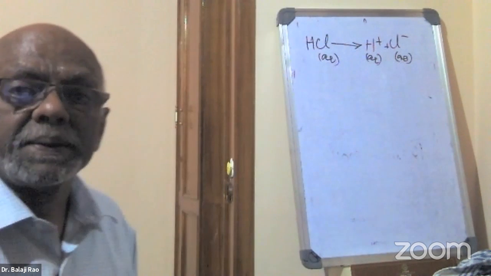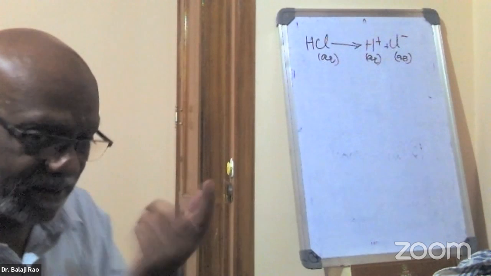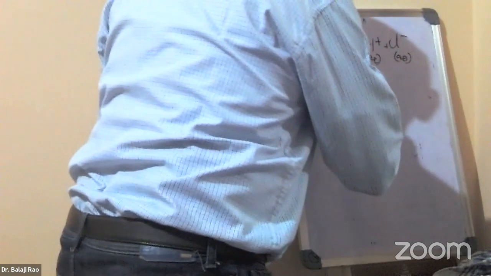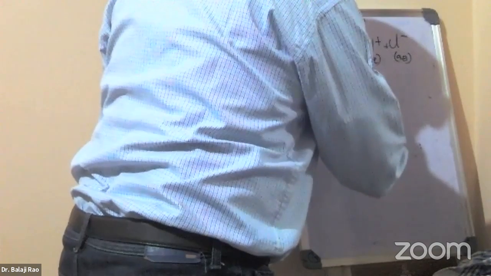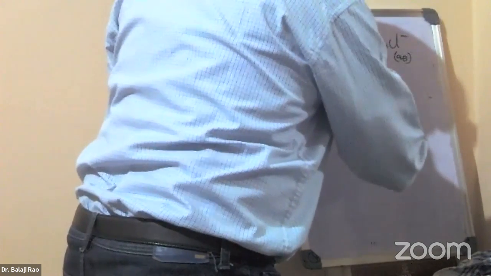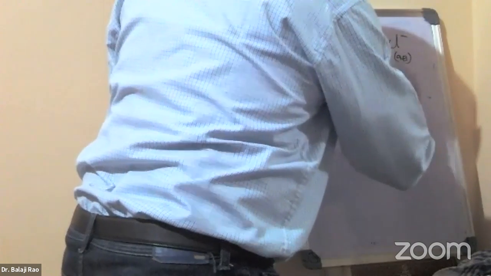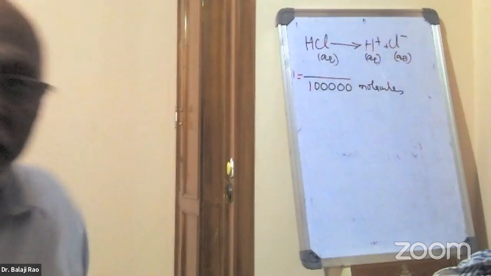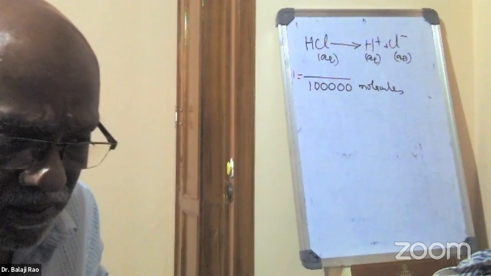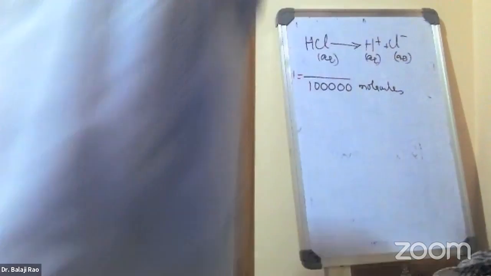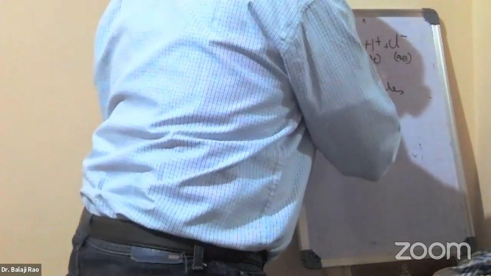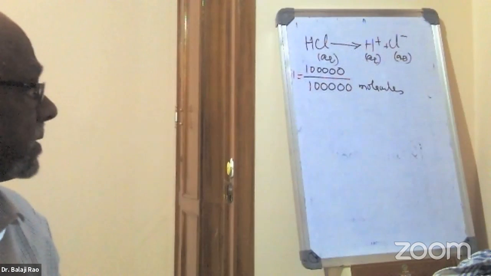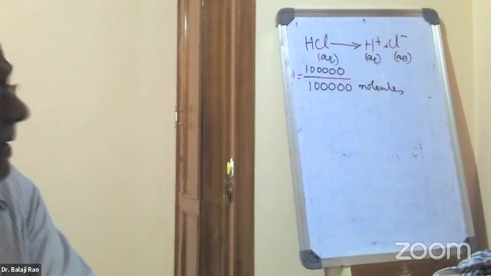If I take hydrochloric acid, let us say, just for the sake of calculation, if I take 10 to the power of 5 molecules of concentrated hydrochloric acid and dissolve it in 1 liter of water, I find that I will be getting 10 to the power of 5 hydrogen ions, or H plus ions, and 10 to the power of 5 Cl minus ions.